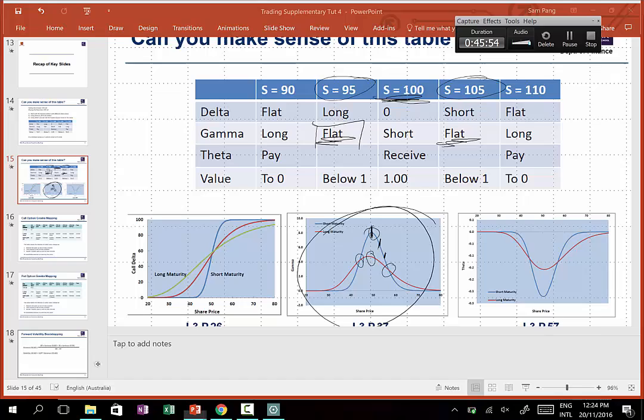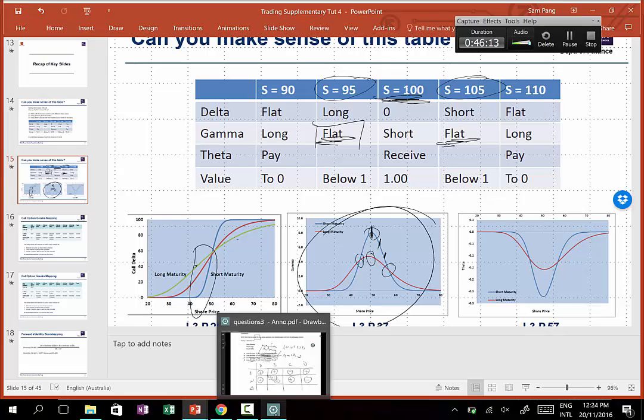The first thing is the symmetry between whether you are in the money or out of the money, and also the relationship between longer term options and shorter term options as far as the delta is concerned.